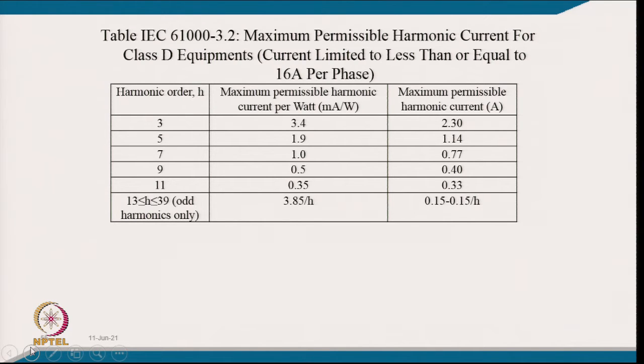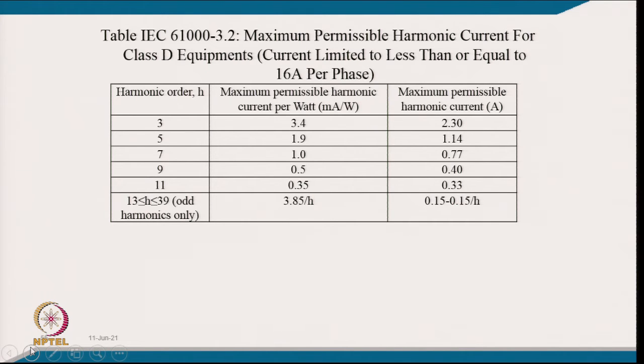Okay. So, 3.4 milliampere per watt, and the maximum permissible harmonic current is 2.3 ampere. Similarly, for the fifth harmonic you have 1.9 milliampere per watt and the maximum permitted is 1.14, and for the seventh harmonic typically 1 milliampere per watt and the maximum harmonic current permitted is 0.77, similarly 0.5 milliampere per watt and 0.40, and similarly 0.35 milliampere per watt and maximum permitted 0.33 ampere.